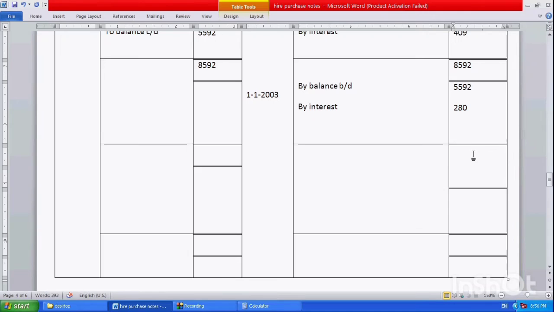Now the overall, take the overall as 5,872 here. Okay, there 5,872. Now tally the ledger. 5,872.